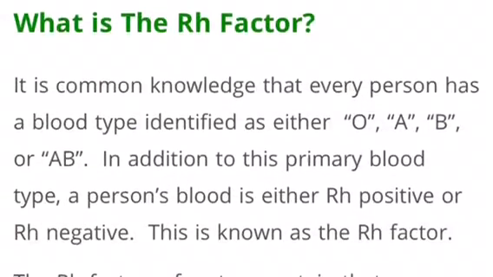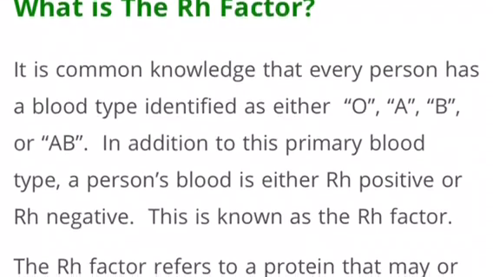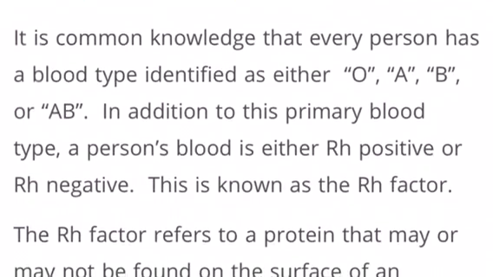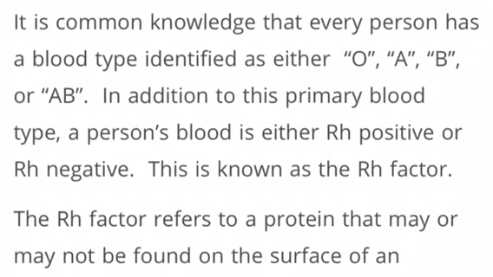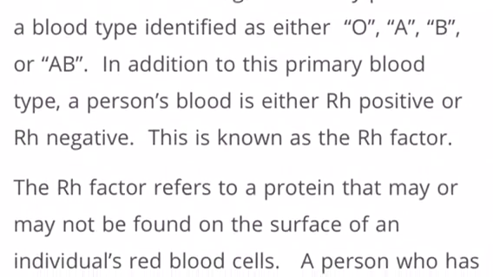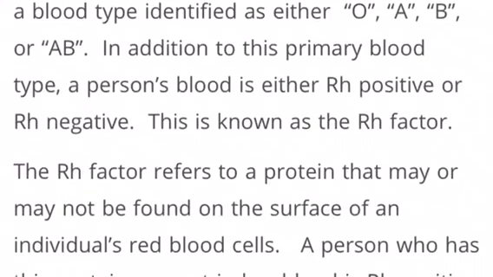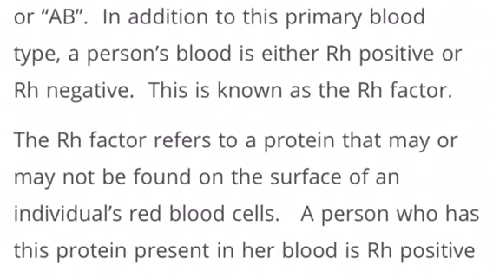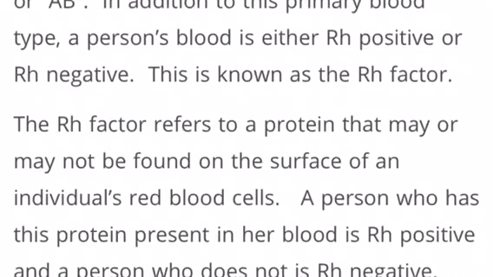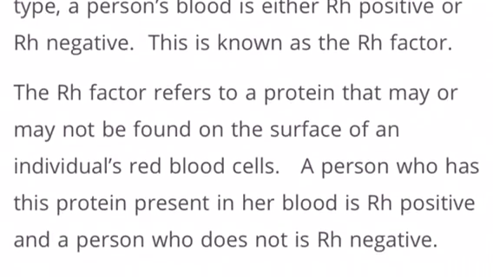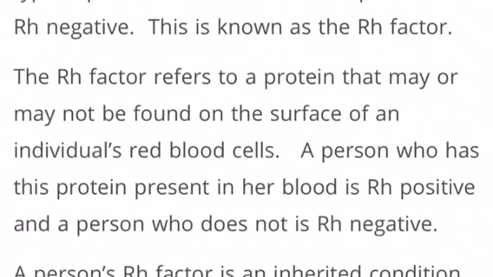So for those of you that don't know what the RH factor is, people have 4 different types of blood, and it falls under O, A, B, or AB. But in addition to this, there's the person's RH factor, which is either positive or negative. So therefore, you would either have A positive blood or A negative, B positive or B negative, and so on.